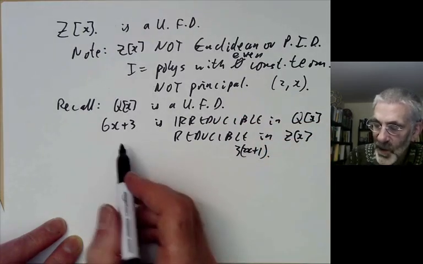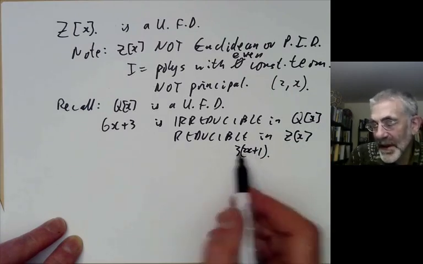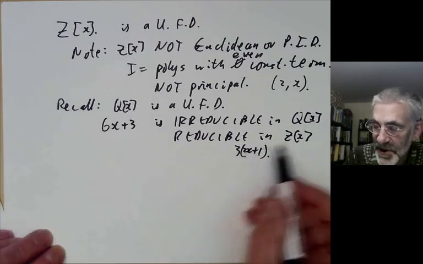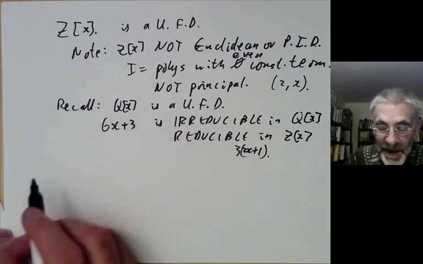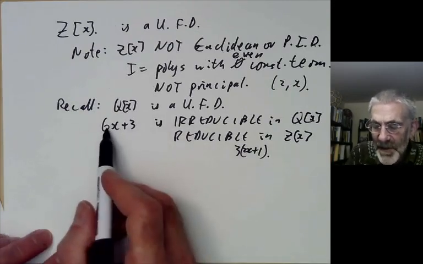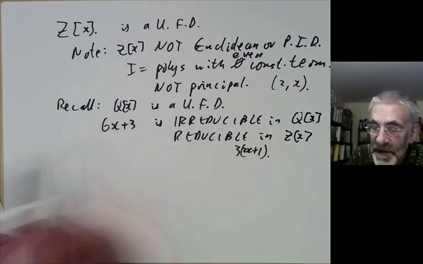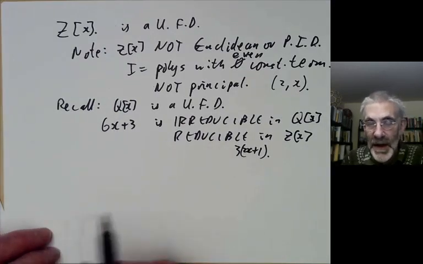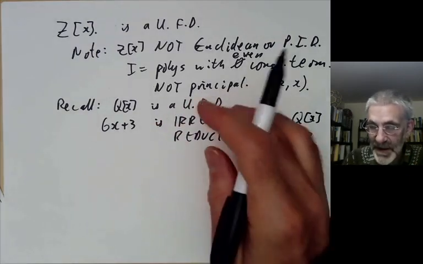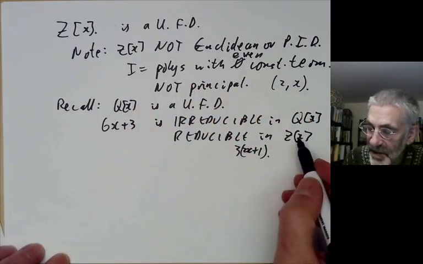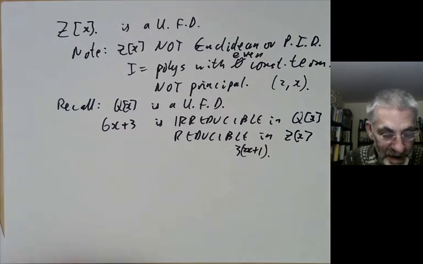And over the rationals, this is just a unit, so it doesn't count as a non-trivial factorization, but over Z[x], it does. So this turns out to be a major problem. You can have polynomials whose coefficients have a constant factor, and this means that irreducible has a different meaning in these two rings.